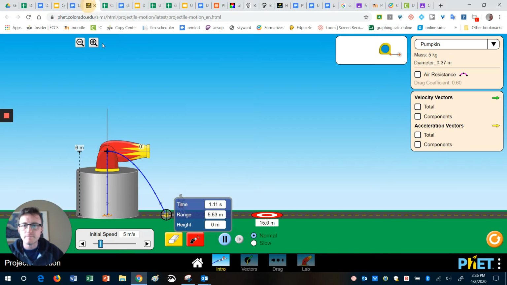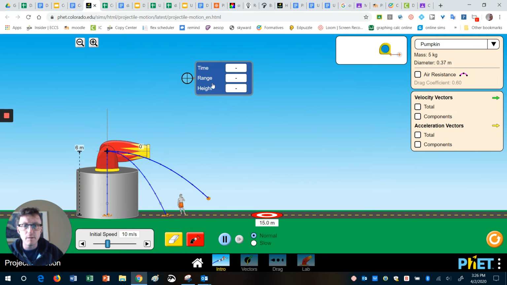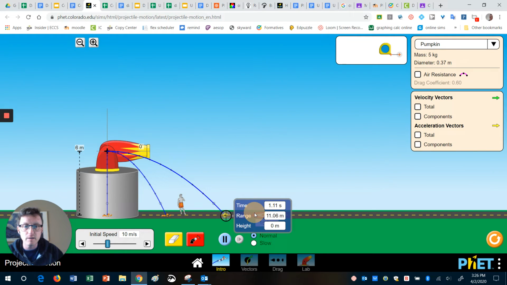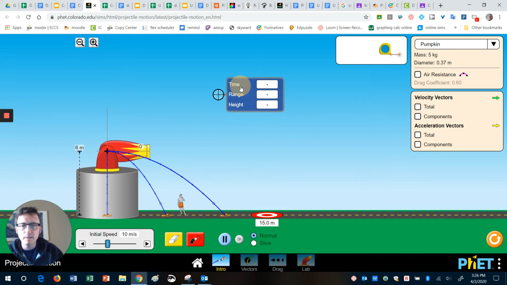Now I do 10. Again, if you don't need to see this, feel free to fast forward. I'm just trying to show as much as I can here, trying to go kind of quickly. Okay, so 11.06 meters is my range. So I put that in here. Now I'm going to do 15 for my velocity.